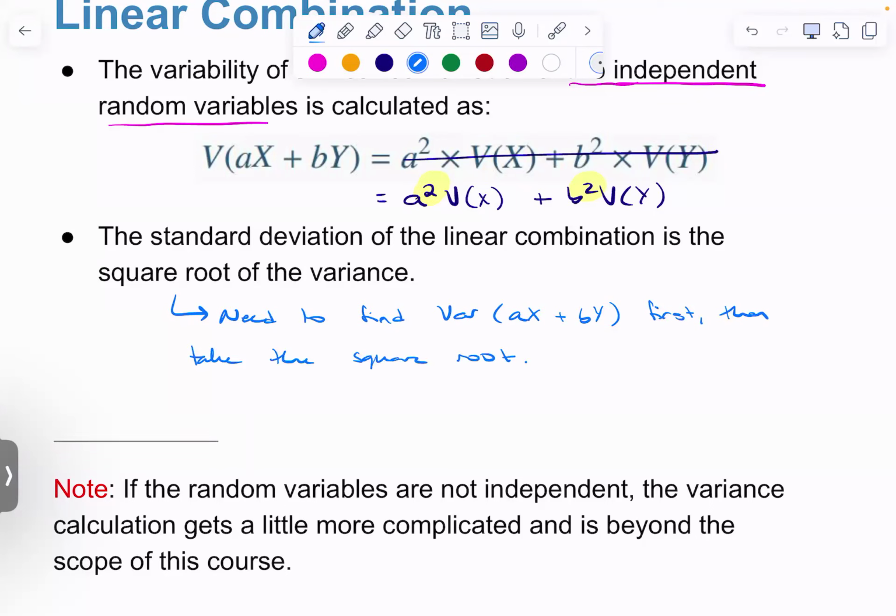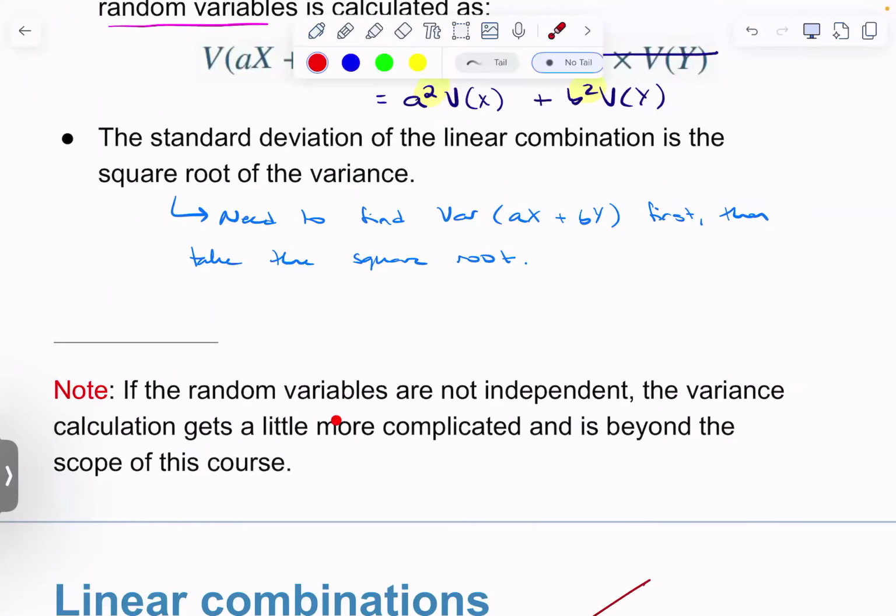Right, because the square root of a linear combination doesn't work the way you want it to. So here, just as a little note, if the random variables are not independent, then it takes its own form and we're not going to deal with that.